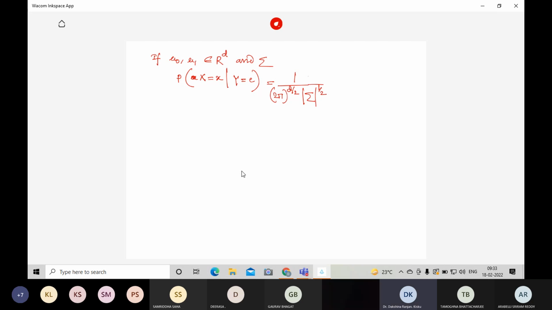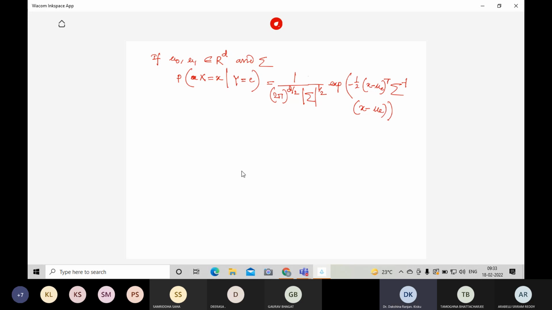Then e to the power minus half (x minus mu_c) transpose, sigma to the power minus 1, (x minus mu_c).